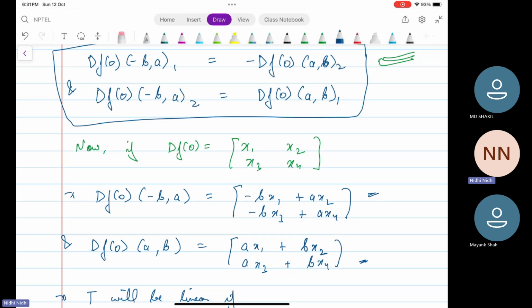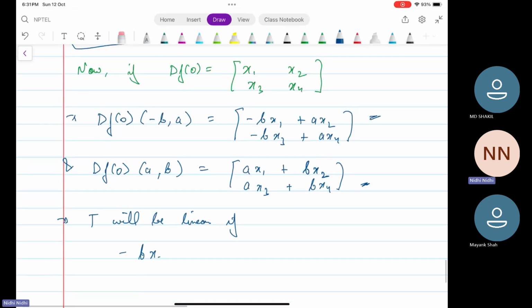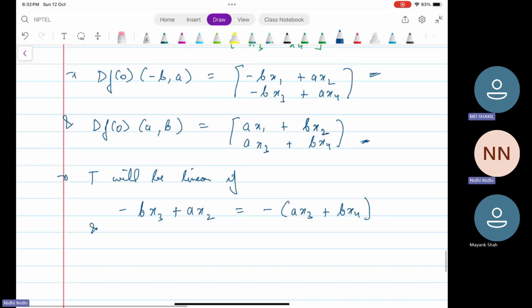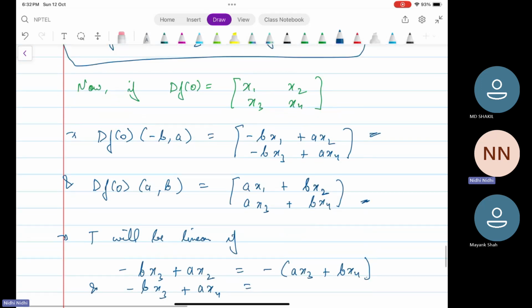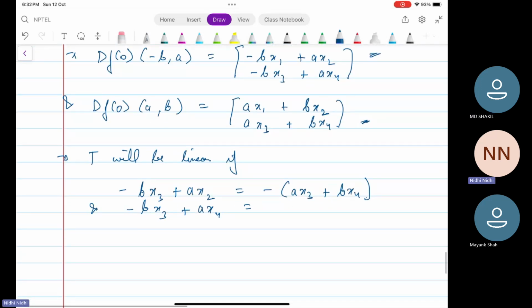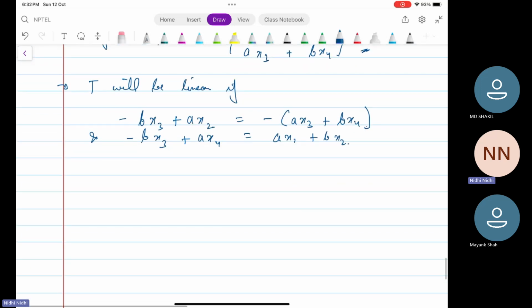That means minus bx3 plus ax2 is equal to minus ax3 plus bx4. And similarly, minus bx3 plus ax4 is equal to its first component ax1 plus bx2. So eventually, you can simplify this.